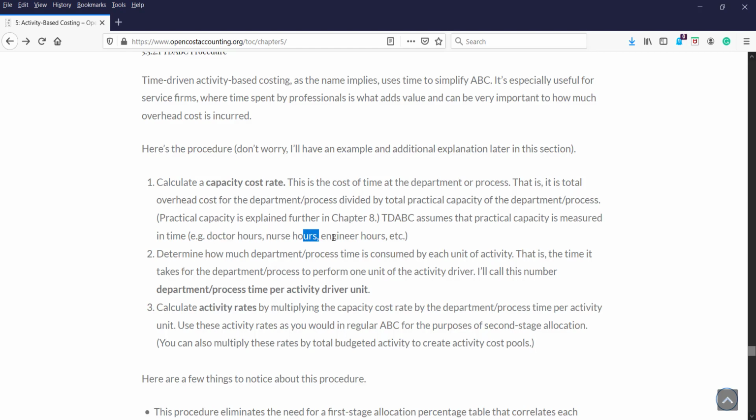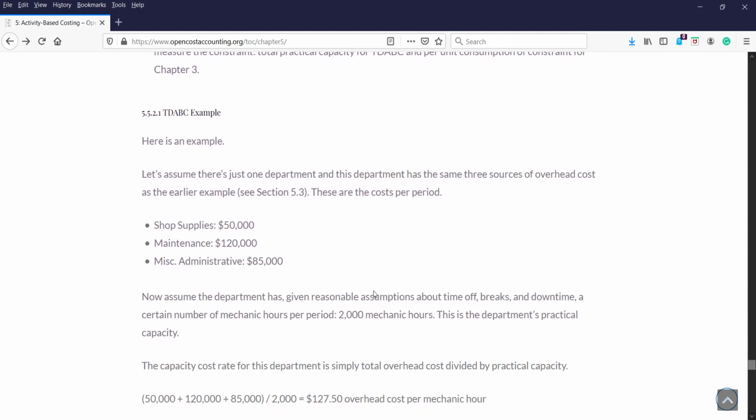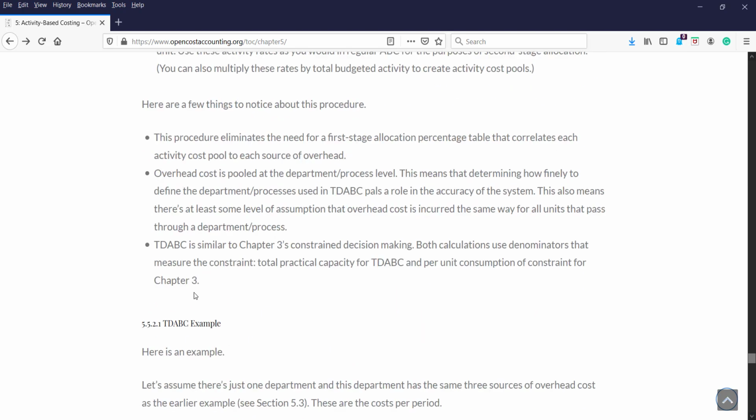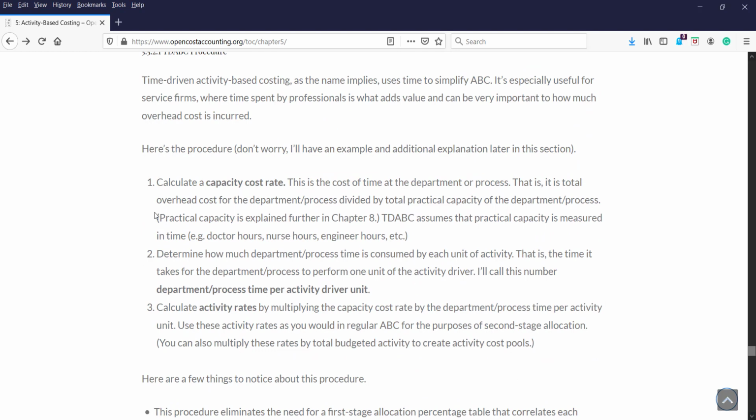Doctor hours, nurse hours, engineer hours, or in this example here, mechanic hours. So let's say we have 2,000 mechanic hours. So step one, instead of going through the traditional first stage allocation, is to take our general ledger categories and divide them by this capacity constraint, which is how we calculate a capacity cost rate.